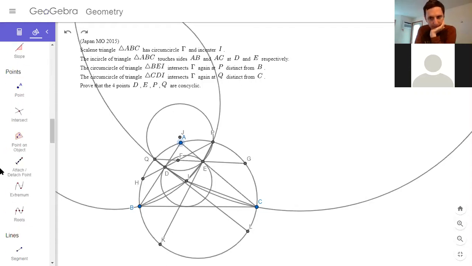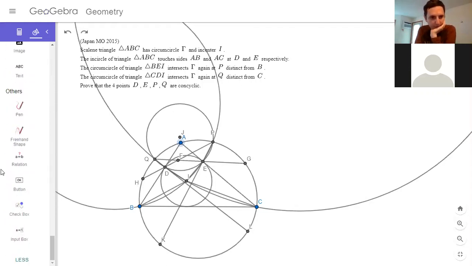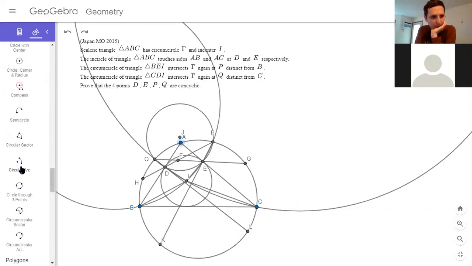So let's see, are there any other circles that pass through D and E? There's ADIE. Is there another circle that passes through D and E? Not that I know of.